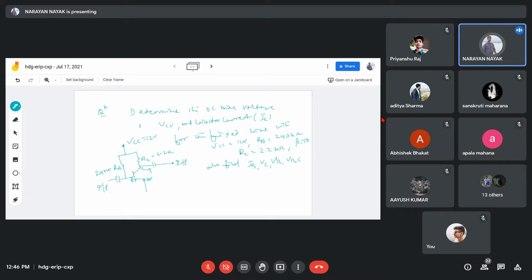So this voltage is VCE, and this is grounded. This is your base and emitter, this is base emitter, VBE. Clear?